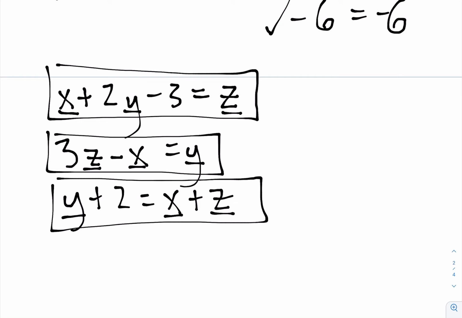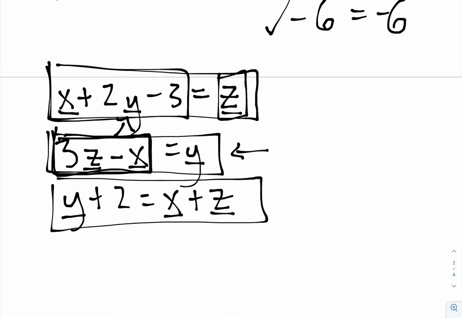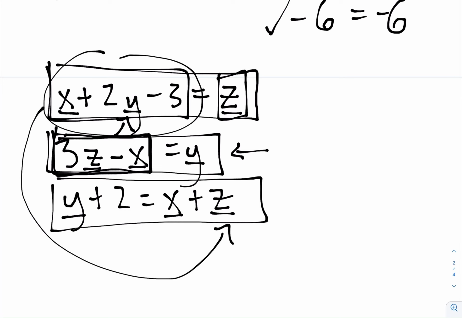How you'd go about doing this is I would probably use the second equation because it's already isolated for y, and I would plug 3z minus x wherever I see y into this first equation. So this would be x plus 2 times 3z minus x, and minus 3 equals z. Whatever's on this left side equals z, and you would take all of this and plug it into where you see z in this third equation.